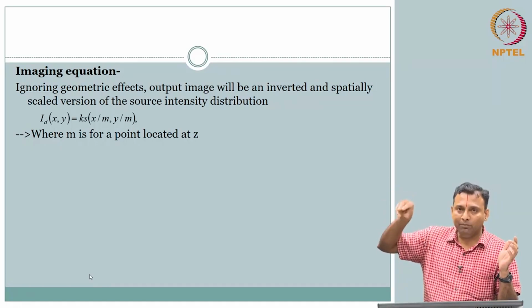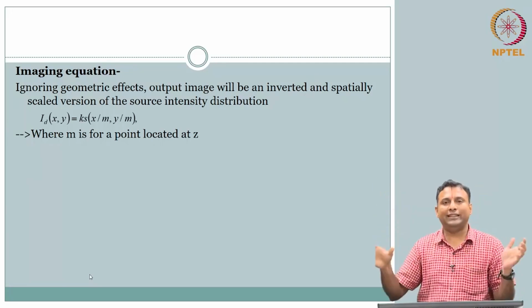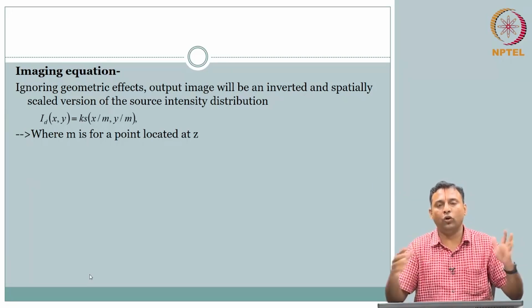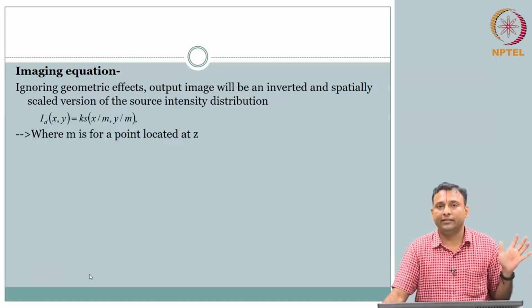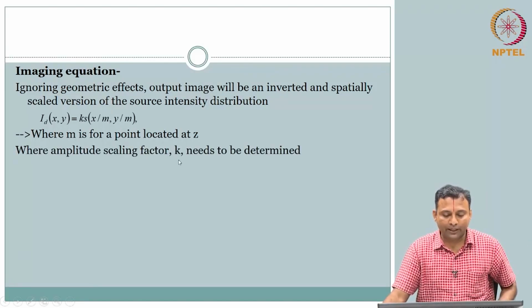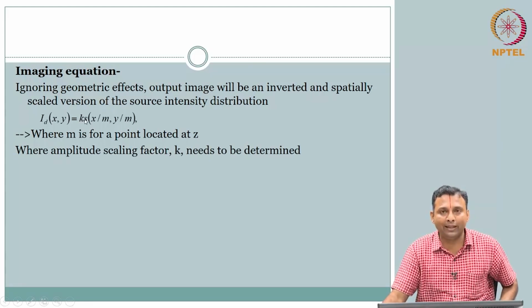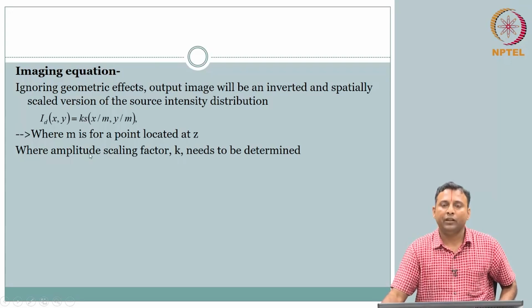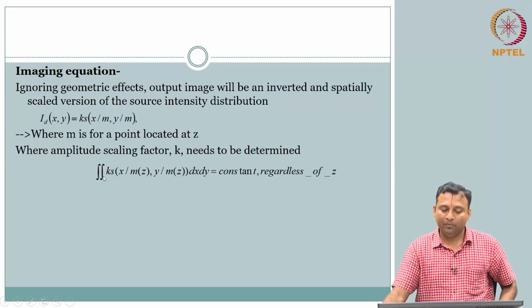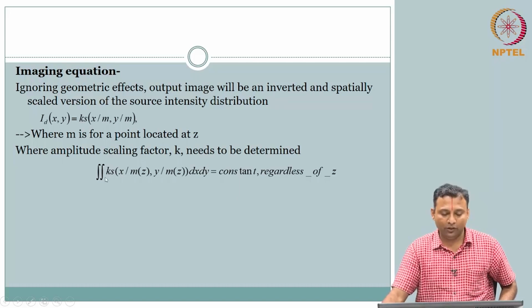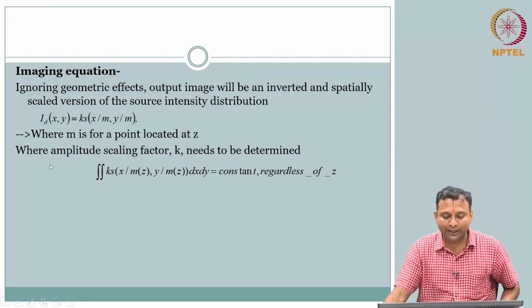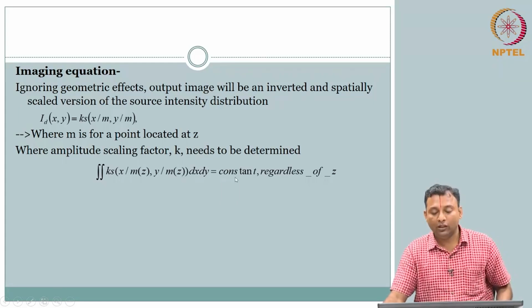If you take the net sum over the area, that has to be the same, assuming there is no other loss. So the amplitude scaling factor needs to be determined. How will we determine it? We will make use of the fact that if you sum what is falling on the detector, your intensity, double integral dx dy over the area, K times S of x by m of Z and y by m of Z, that integration is a constant.